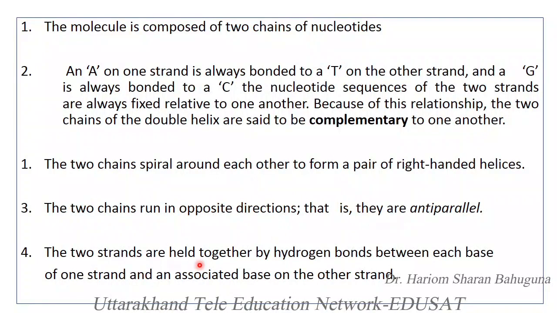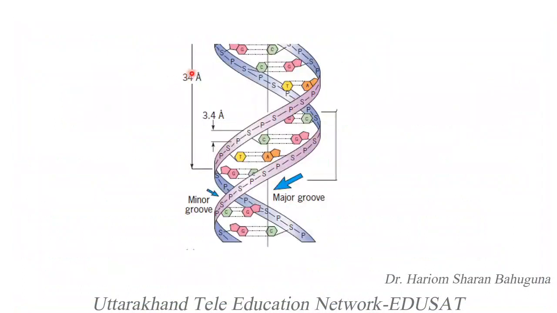The two strands are held together by hydrogen bonds between each base of one strand and an associated base on the other strand. This shows a double helical model of DNA, where these two strands are bound together, and these cross-linking stacking units are bases, and this chain is made up of sugar and phosphate, and the cross-linking is provided by bases.